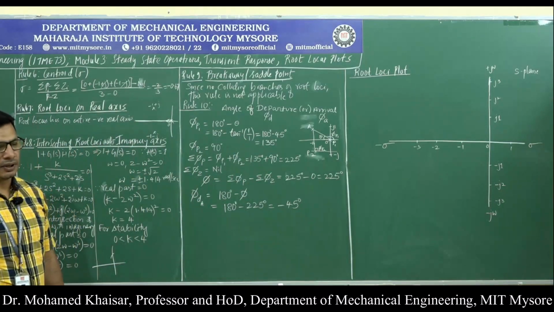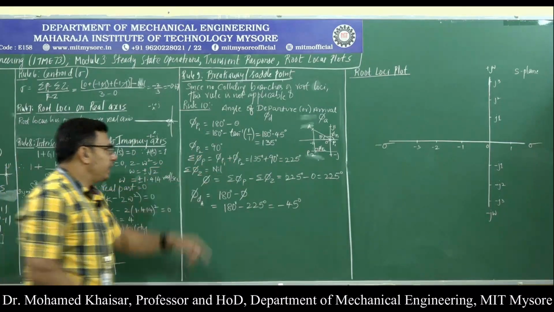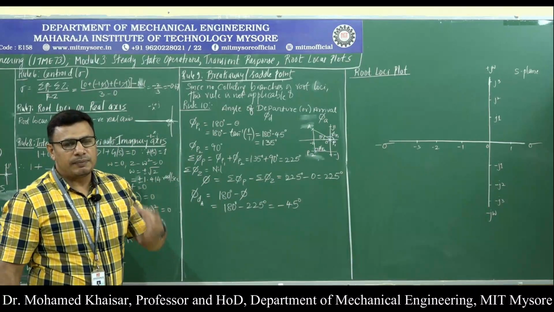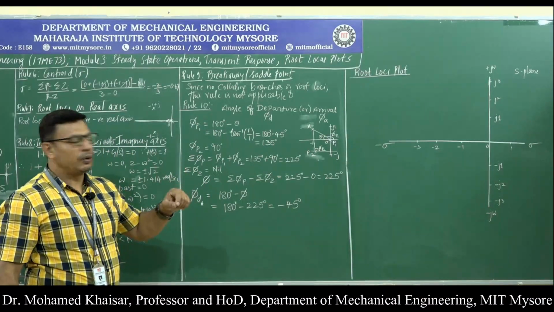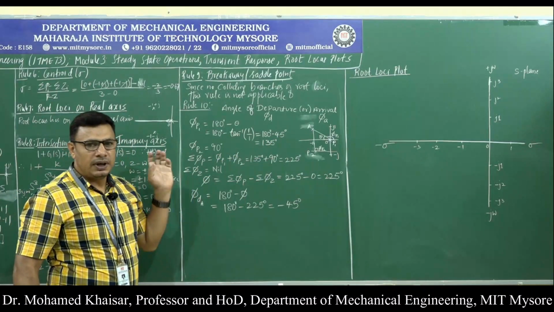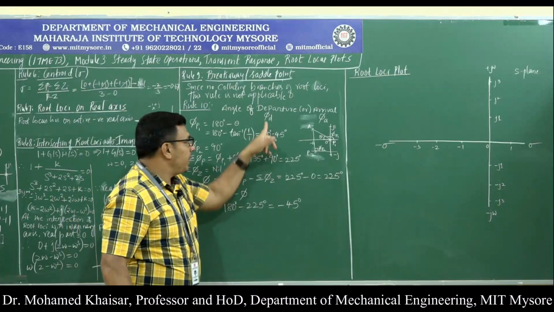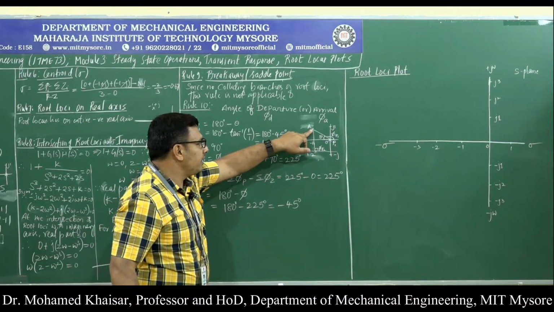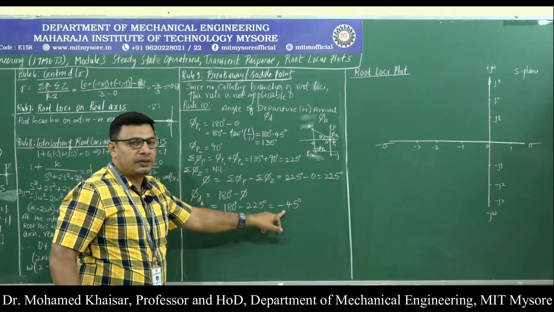The angle of departure of what? Angle of departure of the branch of root loci from pole A. This is how you have to understand this. The angle of departure of the branch of root loci which is starting from pole A is minus 45 degrees.